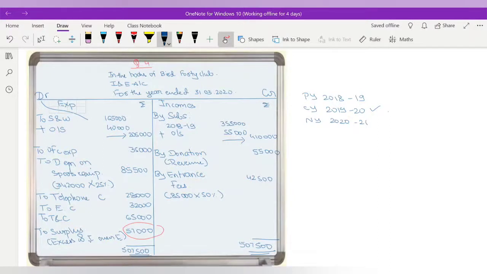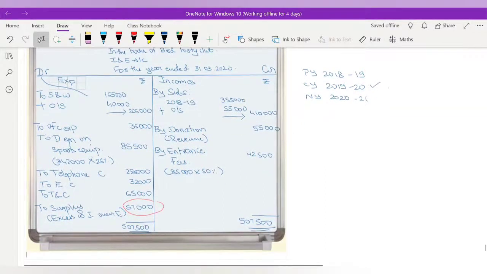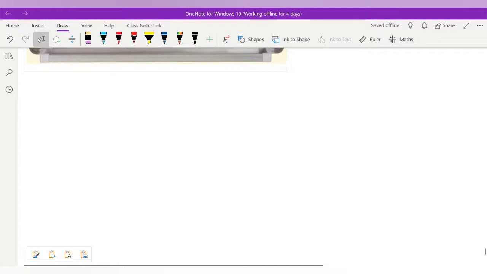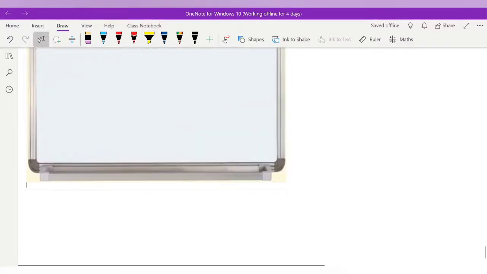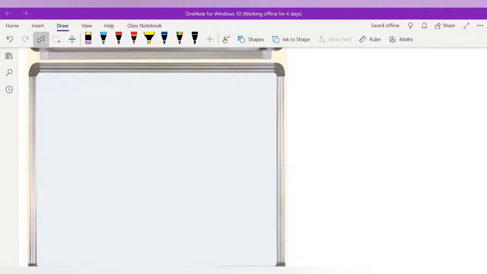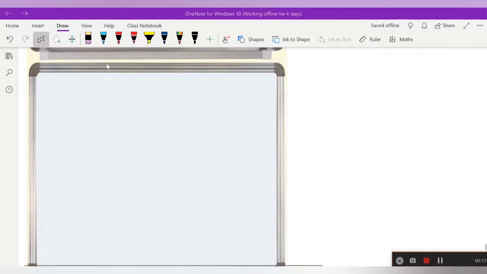Chalo. Next one is what? Next, again there is an illustration. Question number 5. See what this question number 5 tells about. Let us start with illustration number 5 of your study material.